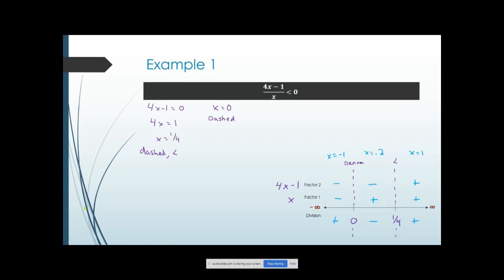So now I'm looking for where we are less than 0, which means we are negative. So I'm looking for the negative parts for the division. And so that's between 0 and 1/4. So that means my answer is the section between 0 and 1/4.